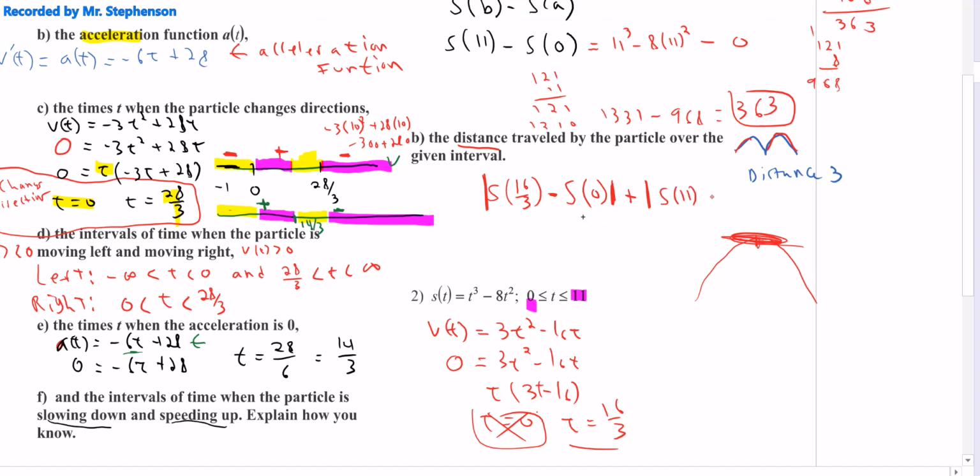S of 11 minus s of 16/3. It's breaking it into 2 different pieces so that you can find the distance on this, and you will be allowed to use a calculator on this one, so you can just calculate these distances on your calculator and get the answer.